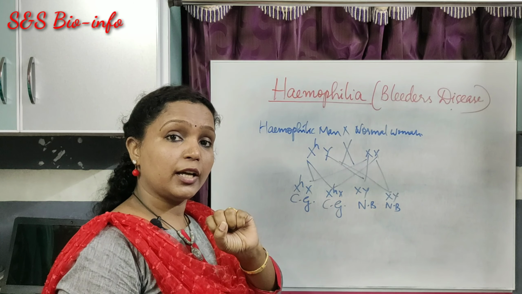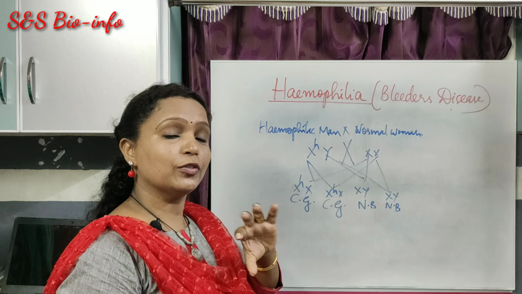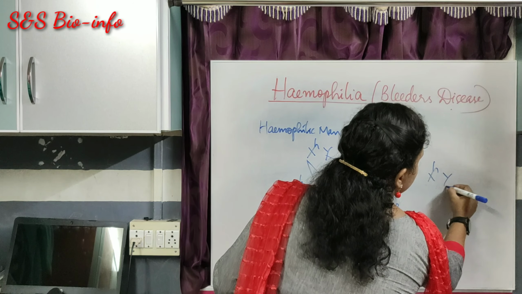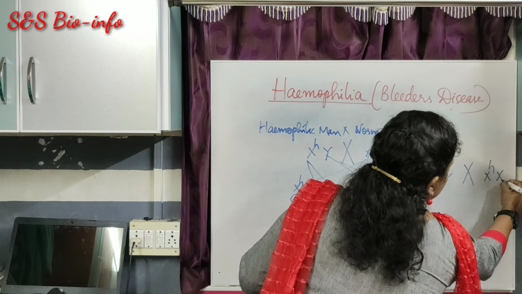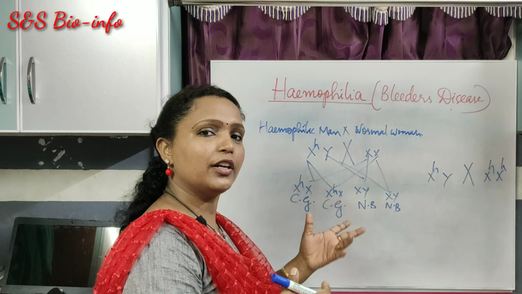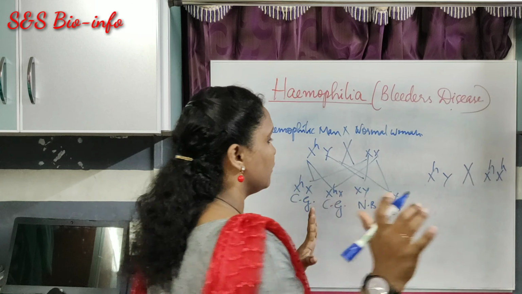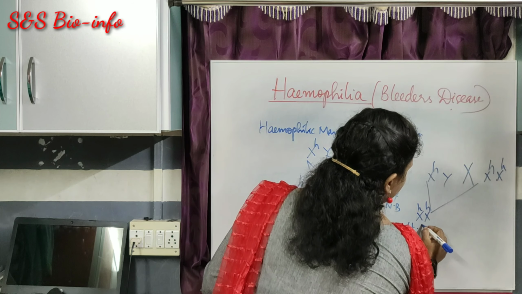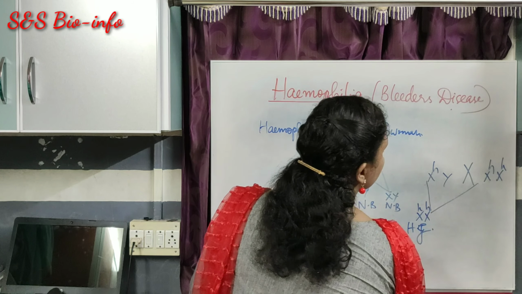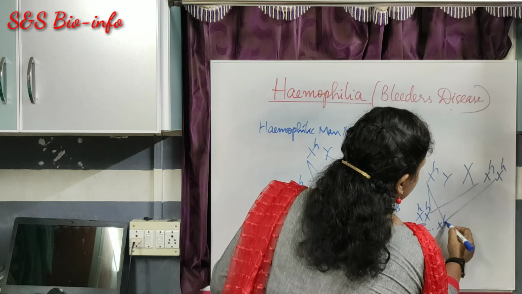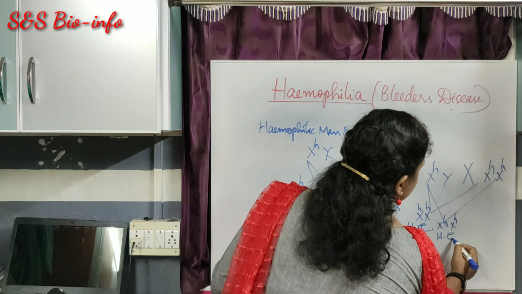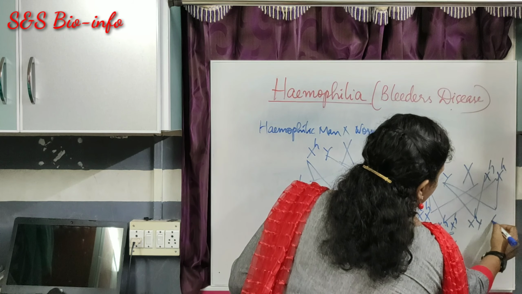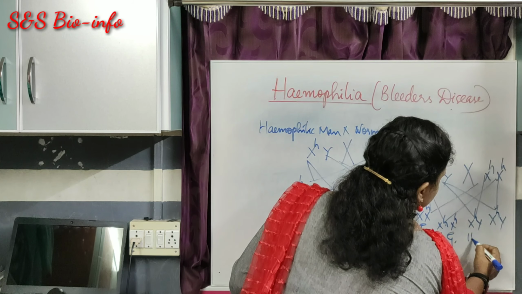What would be the genotype when both father and mother are hemophilic? Then what would be the genotype of the young ones? All will be hemophilic. Look here: hemophilic girl, again hemophilic girl, then hemophilic boy, and the fourth one also a hemophilic boy.